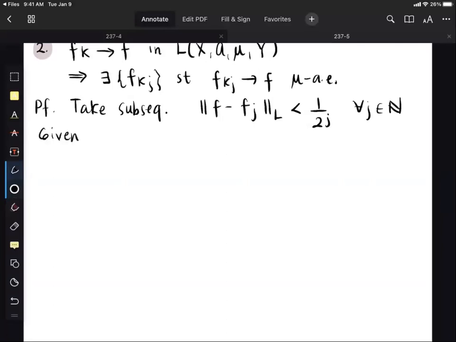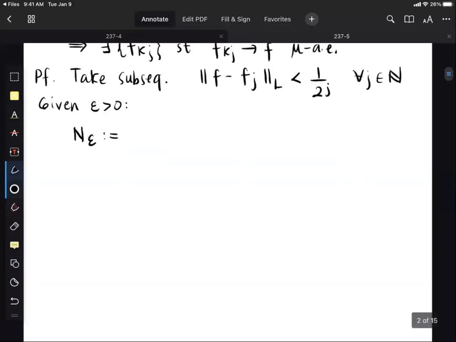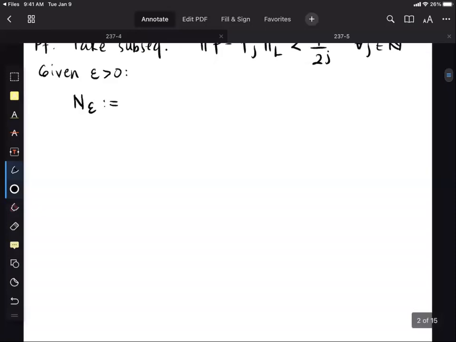Given a positive epsilon, we define N sub epsilon to be the set where the limit superior as j goes to infinity of the distance between the limit and the terms of the sequence is larger than epsilon.